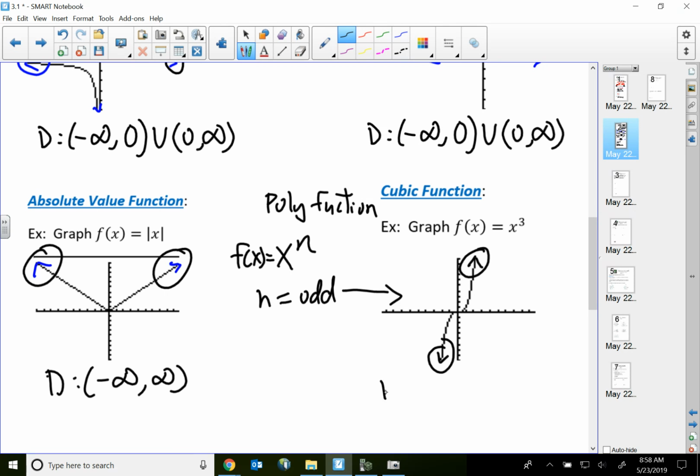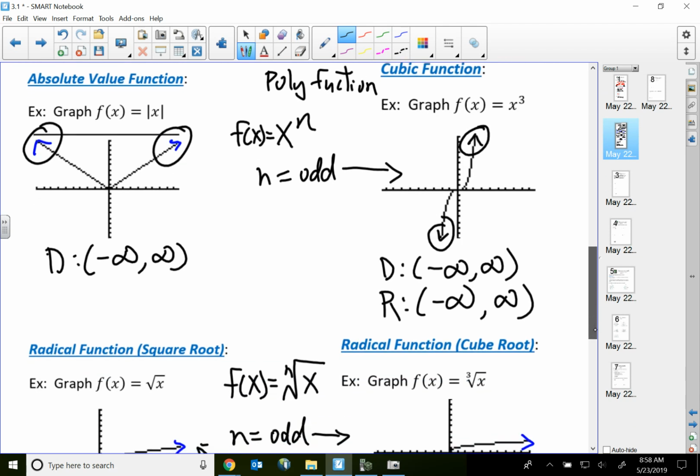So the domain for the cubic function is always from negative infinity to infinity. The range is also going to be the same. Keep on going down, down, down, keep on going up, up, up. So it comes from negative infinity and keeps going upward.